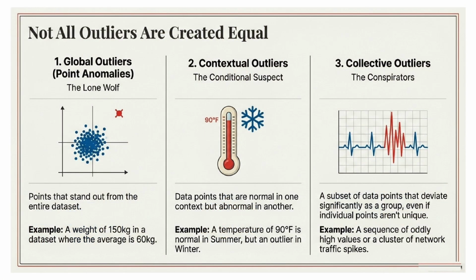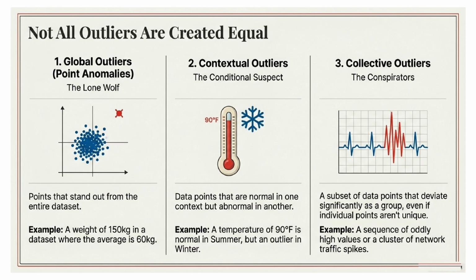The first type is global outliers, also called point anomalies. These are individual values that clearly stand apart from the rest of the data, such as a very high weight in a data set where most values are much lower. The second type is contextual outlier, where a data point may appear normal at first glance but becomes unusual when the context is considered.